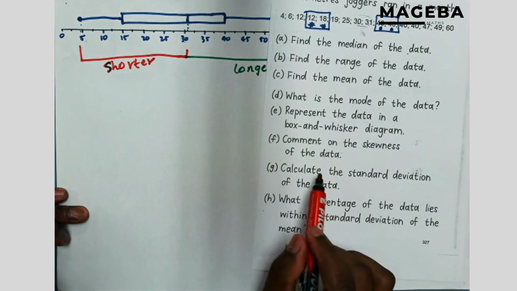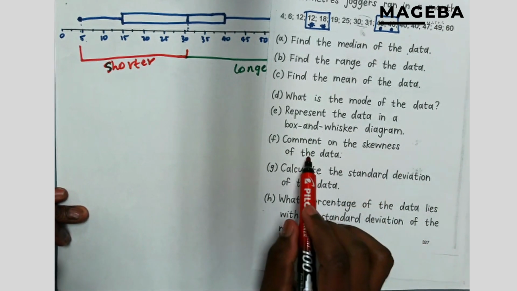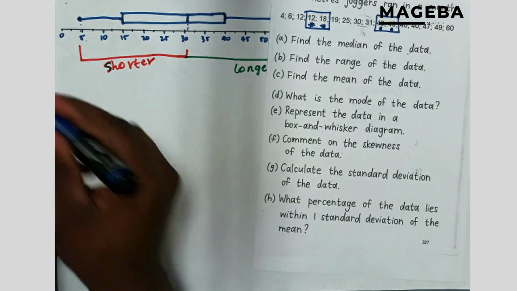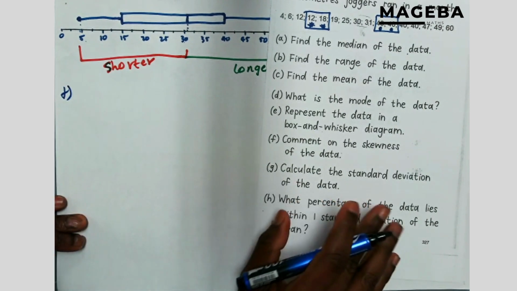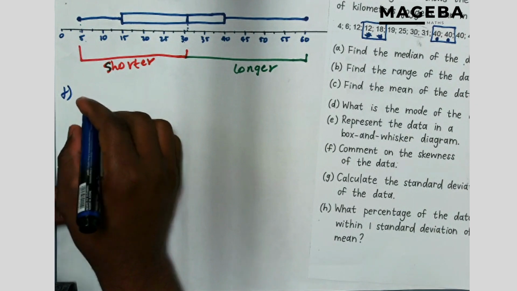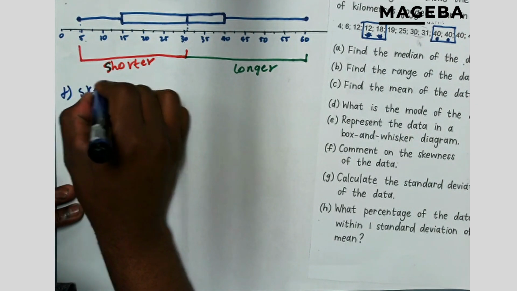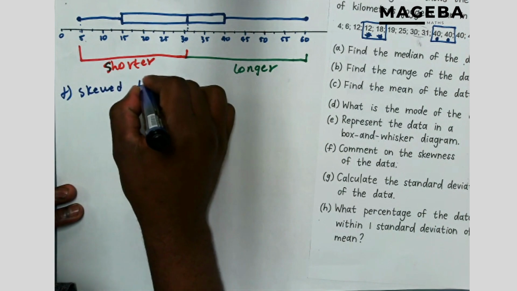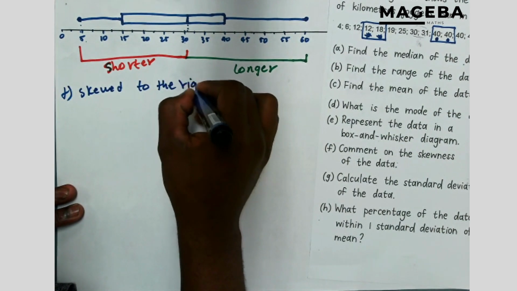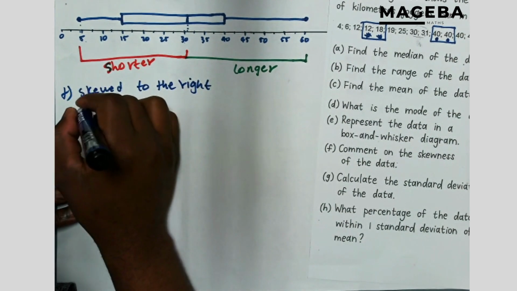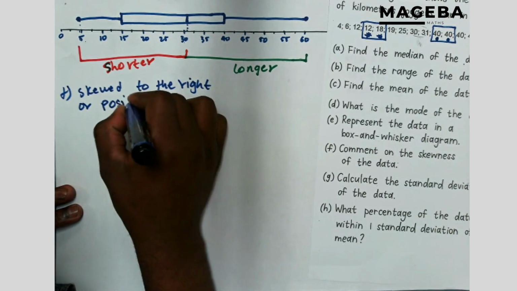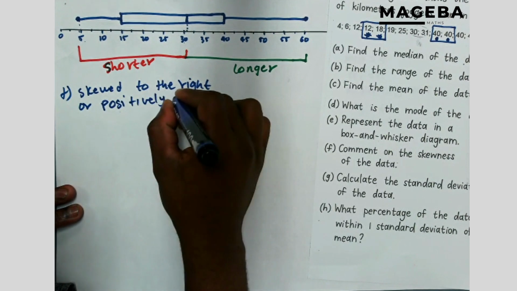After drawing the box and whisker, comment on the skewness of the data, which is my question F. I can say my data is skewed to the right direction, or another way of writing it, it's positively skewed.